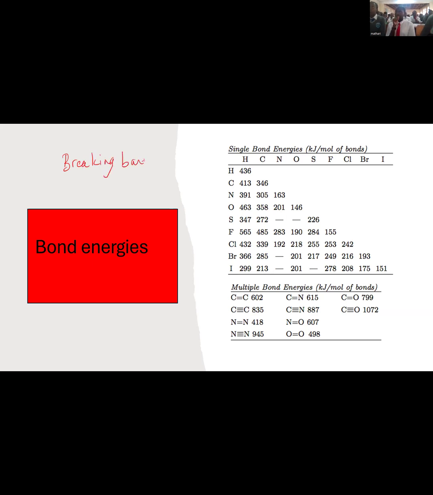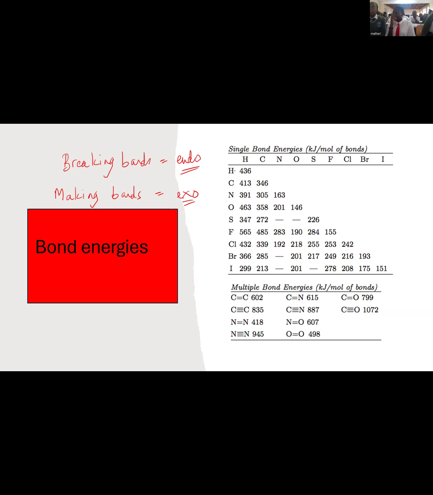Breaking bonds is endothermic, okay? You think about it, if I want to break a table, I have to put force in to break the table because the bonds hold it together. But that means also that therefore making bonds must be the opposite of that, and it's exothermic.